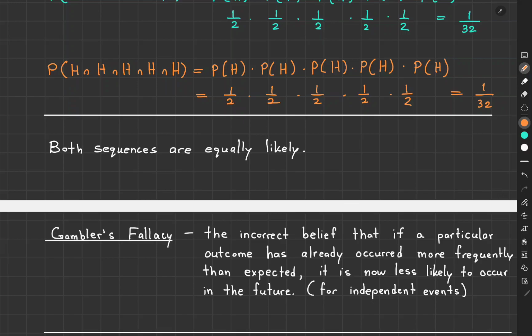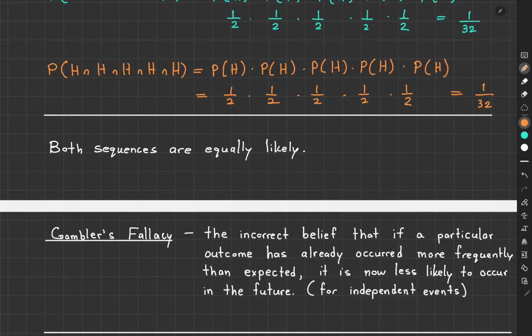You wouldn't expect 5 heads in a row, or maybe 16 heads in a row, because we expect it's equally likely for heads to show up as tails. So intuitively you might think this is an unlikely result, and that it's more likely for tails to show up on the next flip, or much more likely the more heads we have in a row. But this is in fact a fallacy.